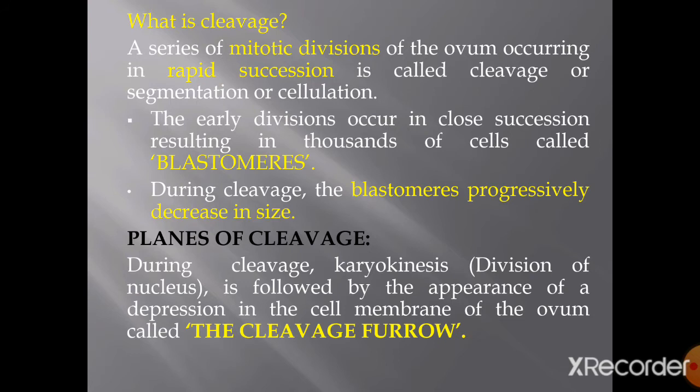Now let us study. We have to concentrate on two things today. One is planes of cleavage and the other is patterns of cleavage. Let us learn first planes of cleavage. During cleavage, karyokinesis, that means division of nucleus, is followed by the appearance of a depression in the cell membrane as a signal for the initiation of cytokinesis, and this depression, what you see on the cell membrane, is called the cleavage furrow.